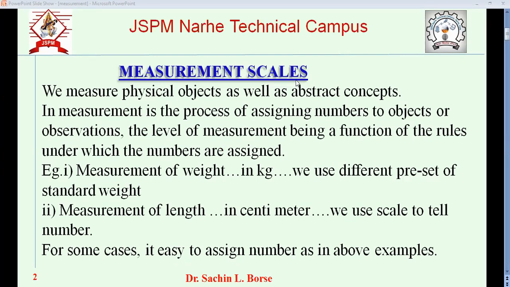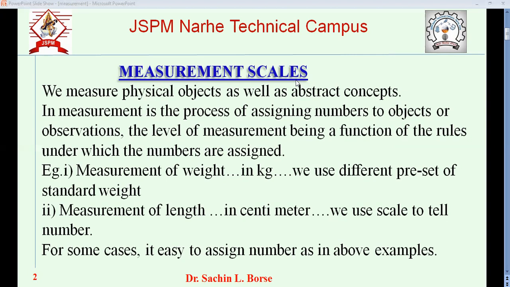So when we talk about measurement, it is not only a measurement of physical objects, like we measure the length, we measure the temperature, we measure the height of the person, we measure the length of the object, but it is also a measurement of abstract concepts. So it may be related to psychology, related to the arts.